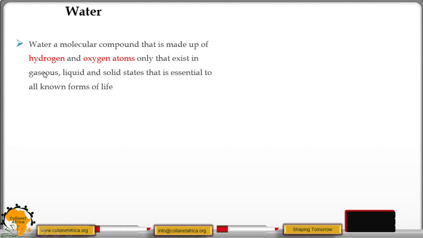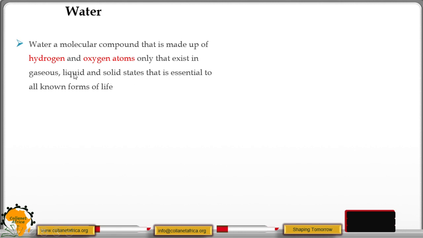The gaseous is the steam, the liquid is the normal water that you drink when you're thirsty, so it's a colorless liquid, and the solid is the ice. If you put liquid water under very low temperature, it changes into a white solid, and that white solid is the ice, and it is water in solid state.